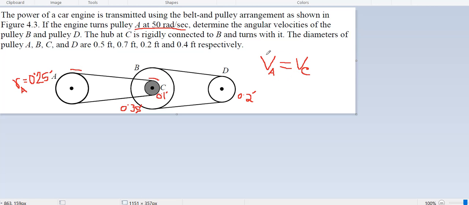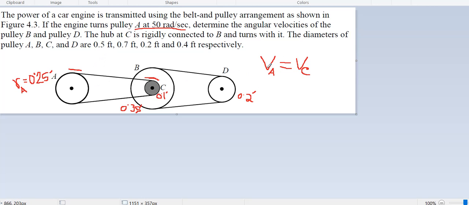That is the theory: VA and VC must be same. The angular velocity will not be the same, it changes with the radius of the wheel. If the belt goes 2 meters this way, it must go 2 meters here. So linear velocity is the same, angular is not.